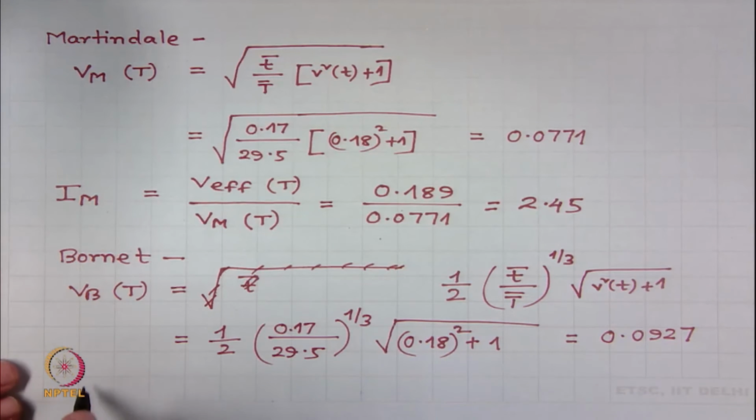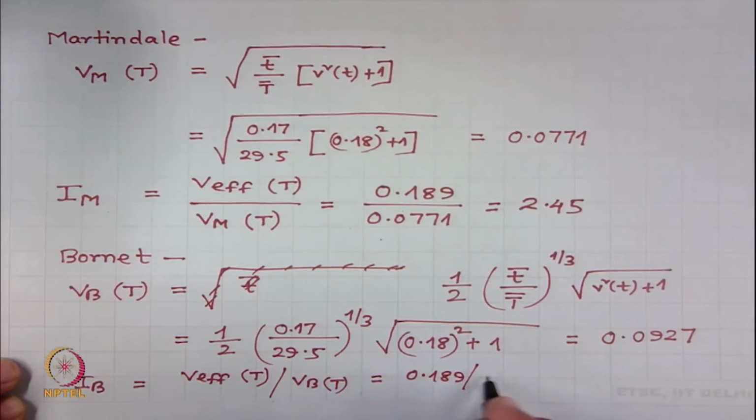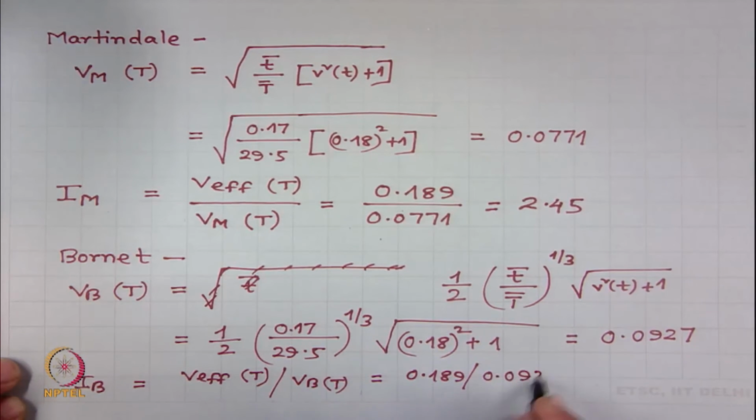Then index of irregularity using Bornet, V effective by V Bornet, that is equal to 0.189 divided by 0.0927, which is equal to 2.04.